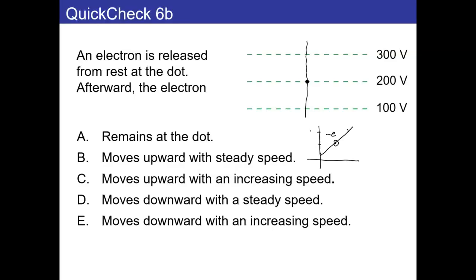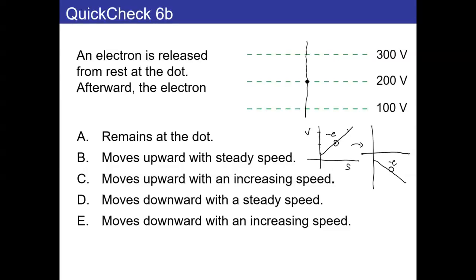Well, if this is potential as a function of position, what does that imply about my potential energy graph? How do I calculate the potential energy? Yeah. Because the charge is negative, it'll be a negative slope. Okay, we said negative slope, right? So maybe it'll look like this, okay? And here's my electron.